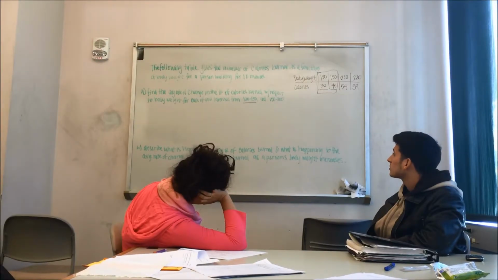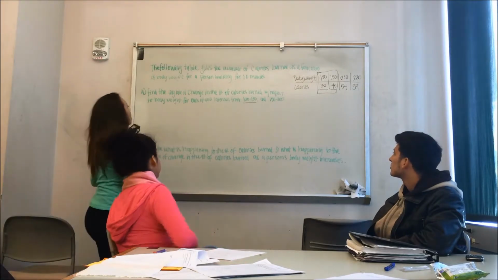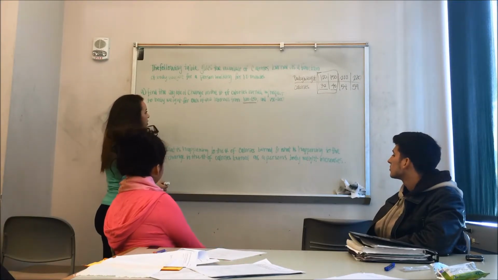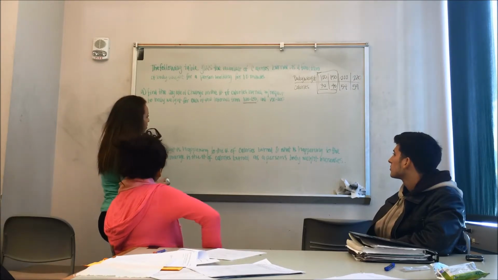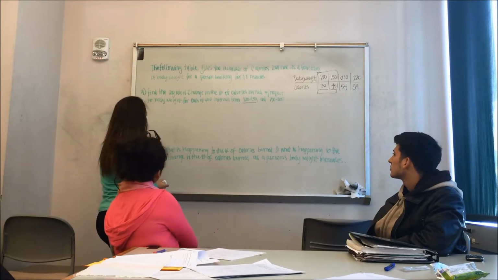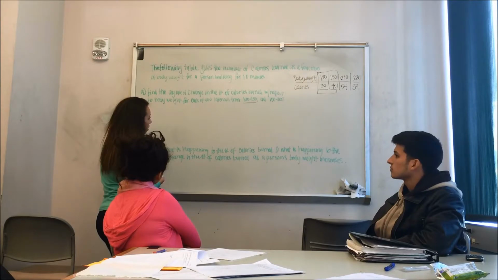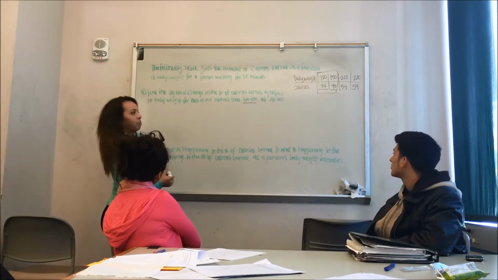Okay, this problem says, the following table gives the number of calories burned as a function of body weight for a person walking for 10 minutes. So part A is asking for, find the average rate of change in the number of calories burned with respect to body weight for each of the intervals from 120 to 150 and from 150 to 200.